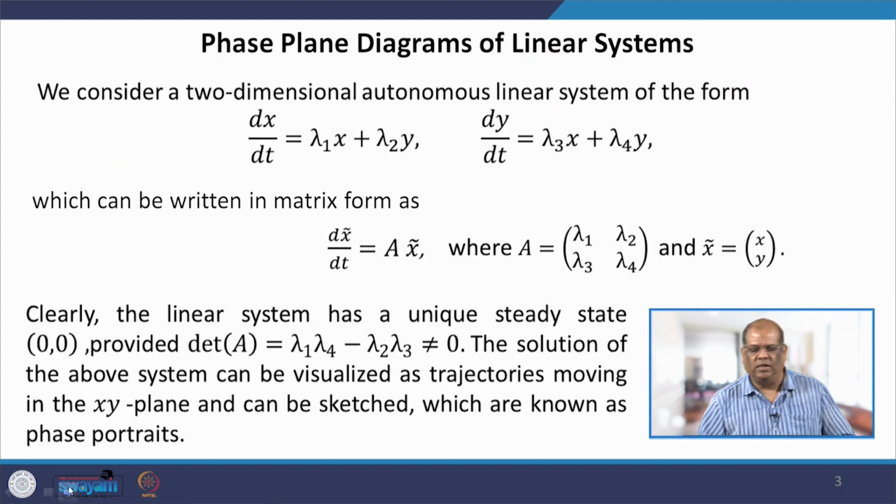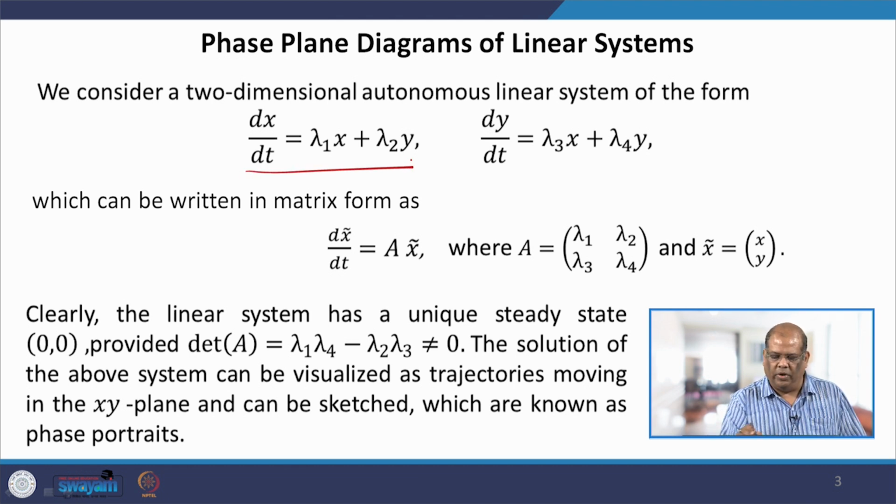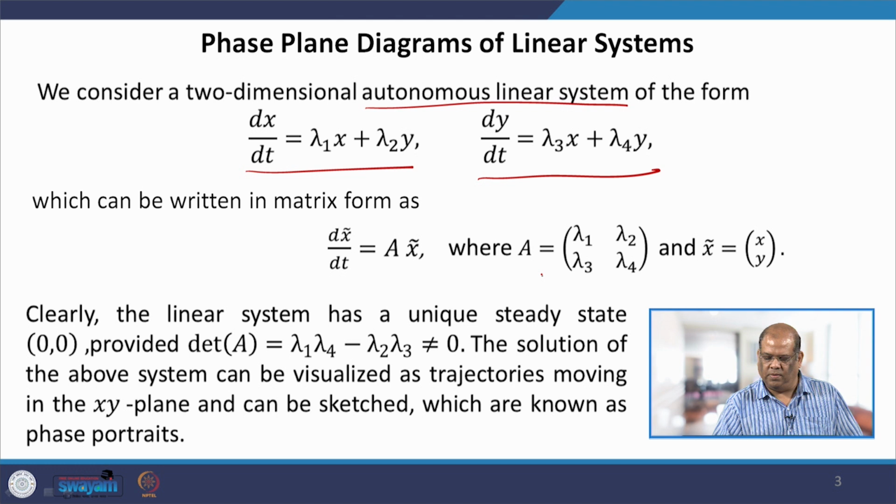Let us now classify them. These are phase plane diagrams, which means phase portraits of linear systems. After you linearize them, you put the equation in the form dx/dt equal to lambda 1 x plus lambda 2 y and dy/dt equal to lambda 3 x plus lambda 4 y, an autonomous linear system put in matrix form.